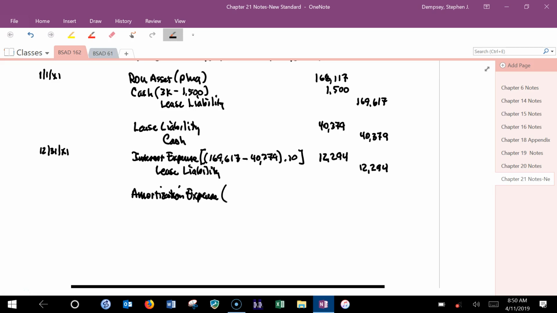The 160, what do they have in their books? Yeah, this 168,117 is what they booked the asset for, so that's the amortizable amount. 168,117.